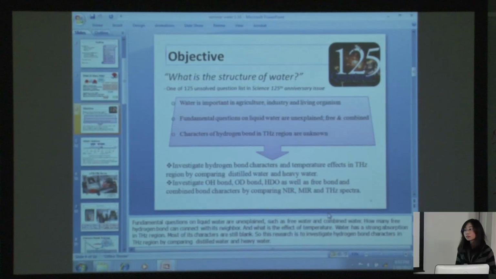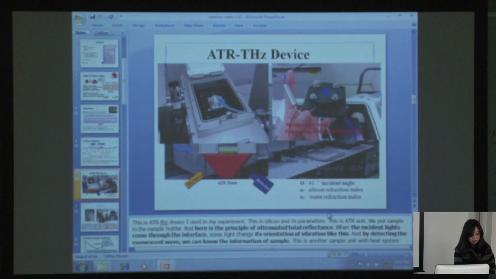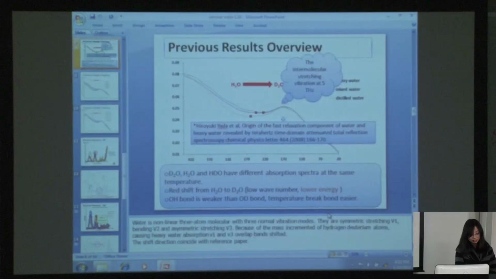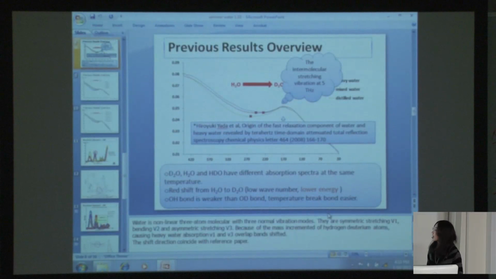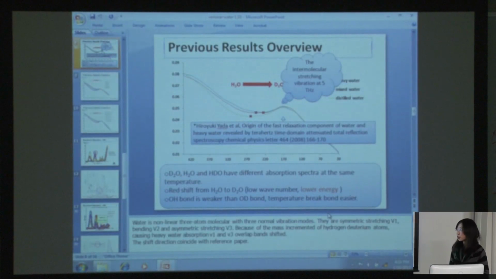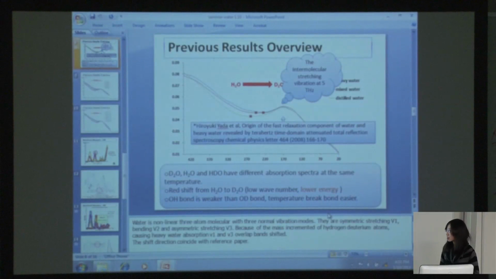Based on your result right now, what are some of the conclusions you can come up with? Basic, I think isotope indeed has some effect for water in the terahertz region, and also I think our device can detect the hydrogen bond vibration, different types of hydrogen bond vibration in this area.